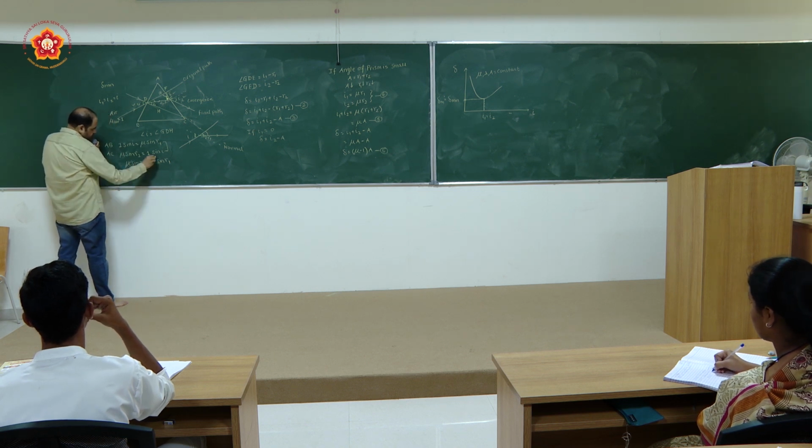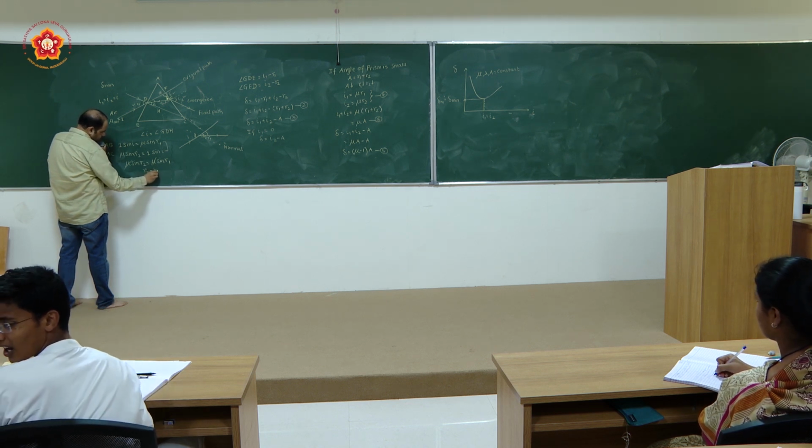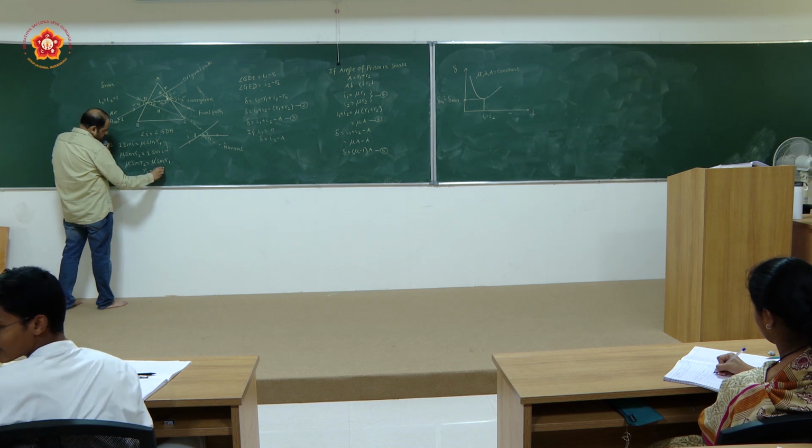So factor mu is getting cancelled. Sine R2 is equal to sine R1 means R2 will be equal to R1. Let me put it as equal to R.